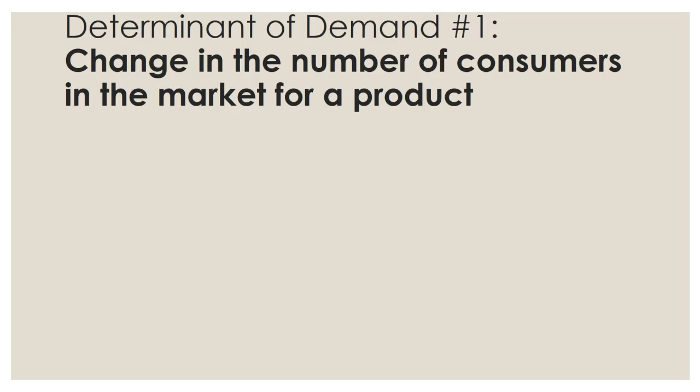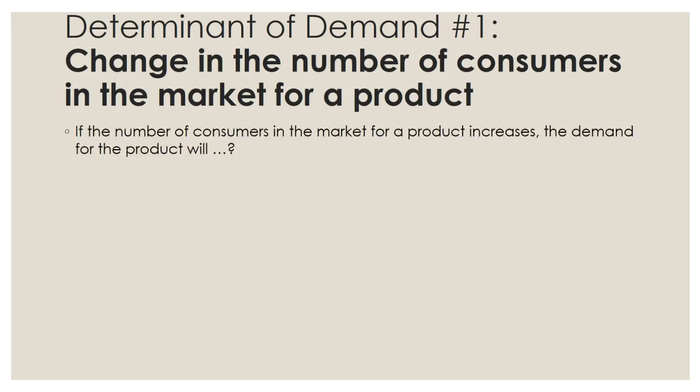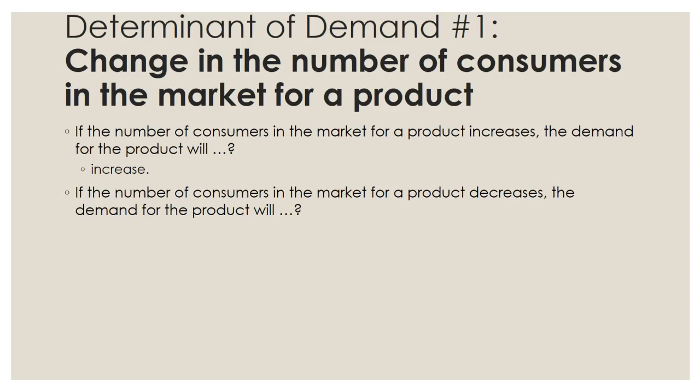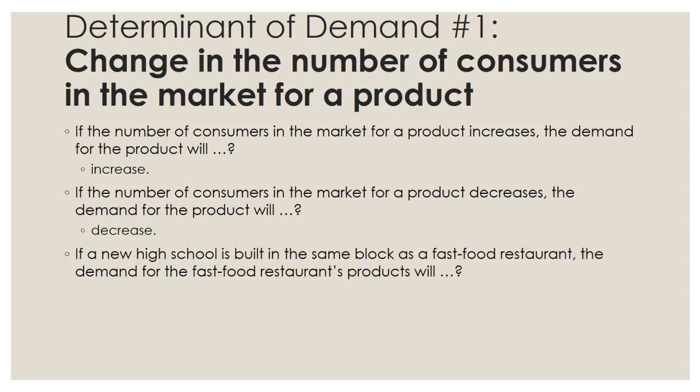So let's practice this determinant of demand. Change in number of consumers in the market. If the number of consumers in the market for a product increases, the demand for that product will increase as well. If the number of consumers in the market for a product decreases, the demand for the product will decrease. If a new high school is built in the same block as a fast food restaurant, the demand for the fast food restaurant's products will do what?